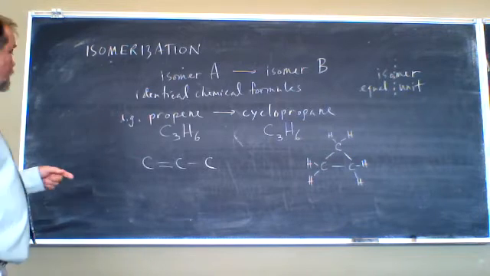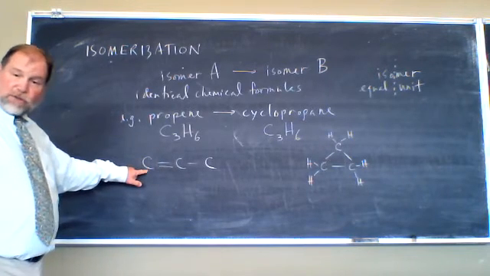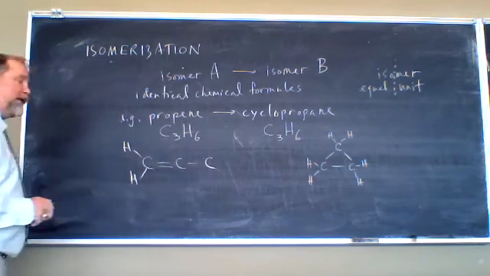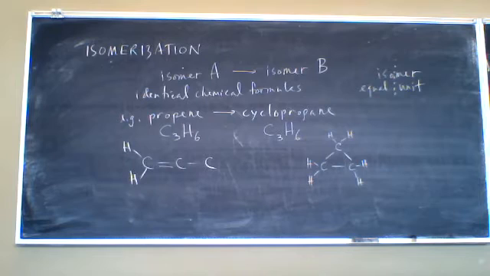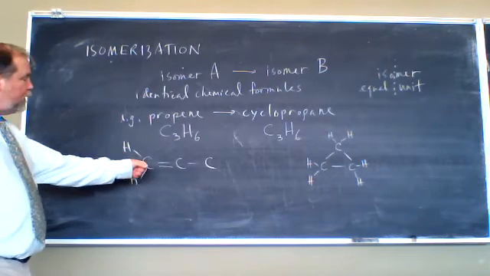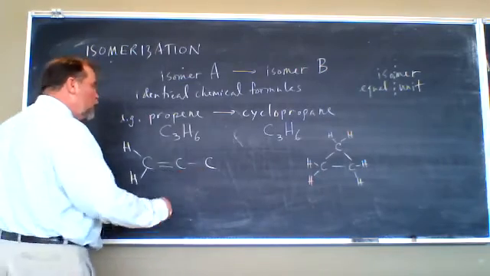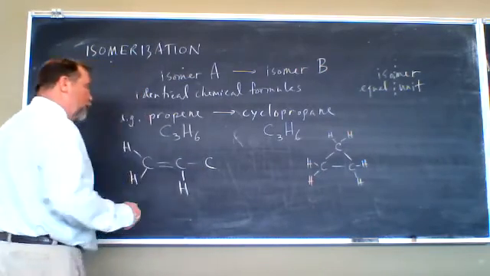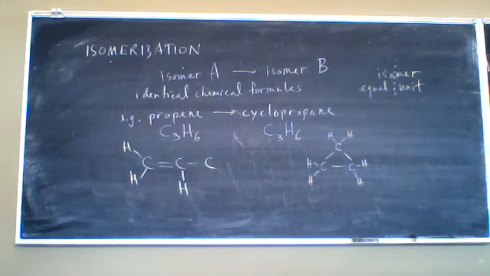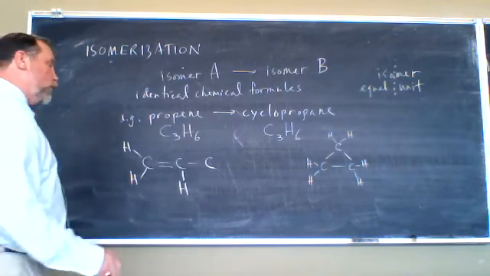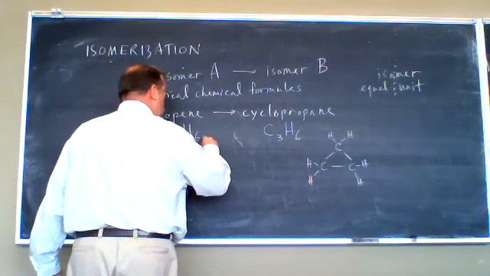As soon as we do that, we now have 2 bonds to the carbon on the left, which means that it needs 2 more carbon atoms bonded to it. The carbon in the center has 1, 2, 3 bonds, so it requires a bond to another carbon. And then finally, the carbon on the right has 1 bond so far. We have to get it up to 4.